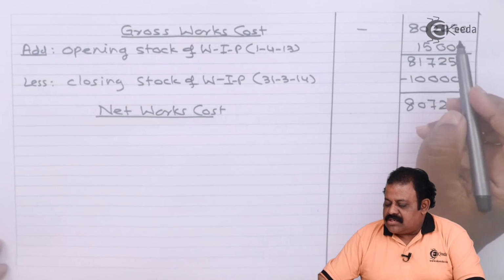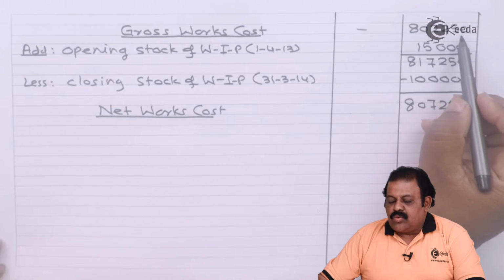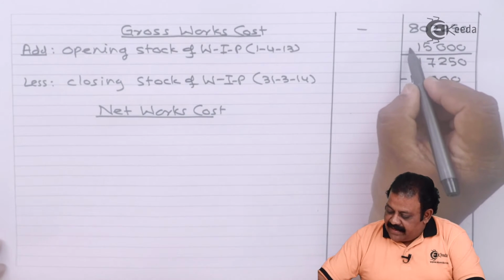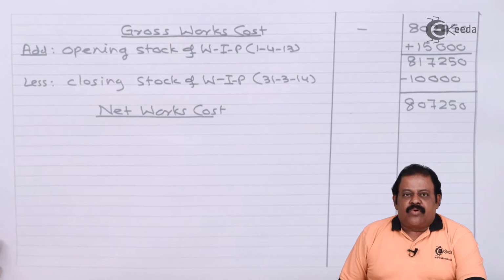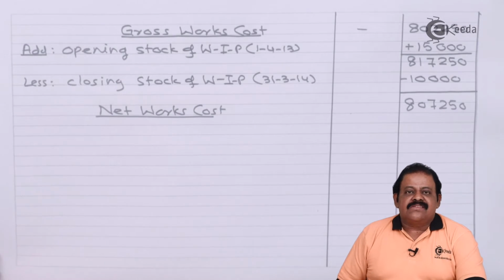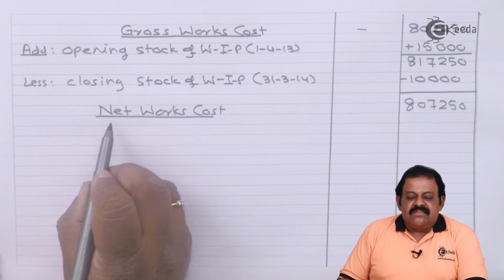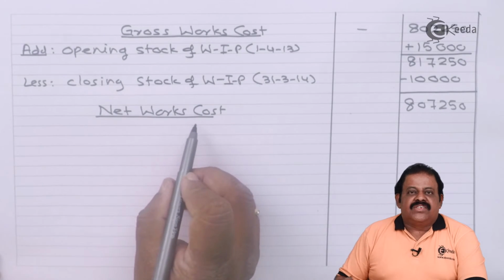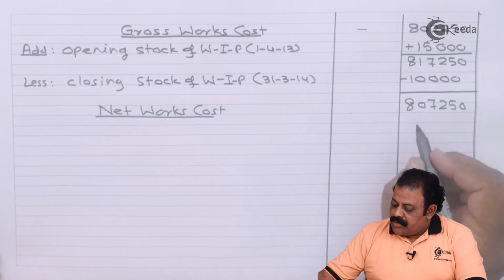So gross works cost 8,02,250. To this we have added opening stock of work in progress 15,000 and we have subtracted closing stock of work in progress 10,000. So we got net works cost, which is also called factory cost, rupees 8,07,250.